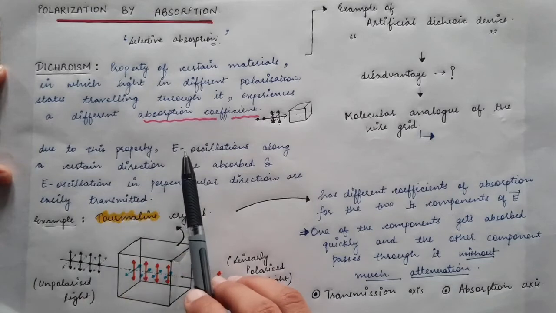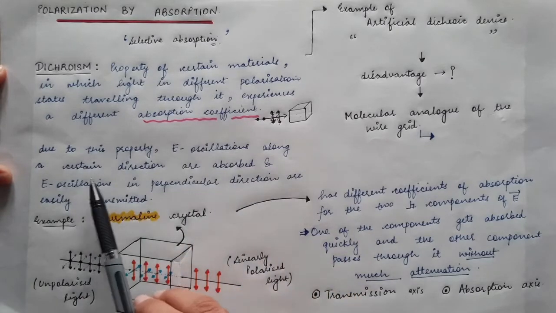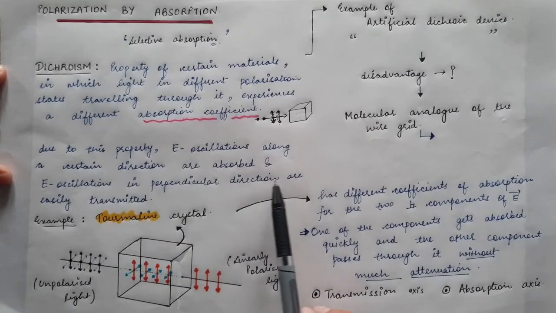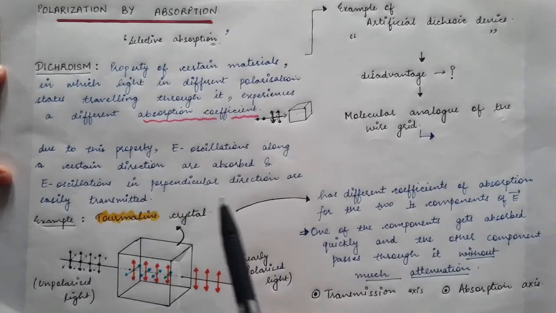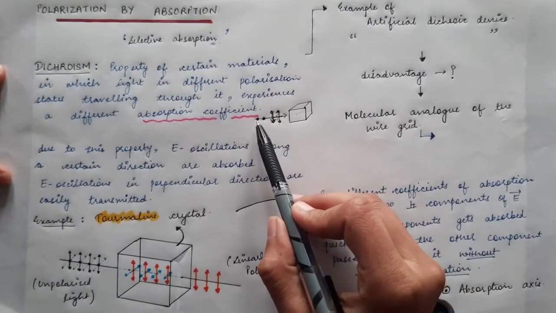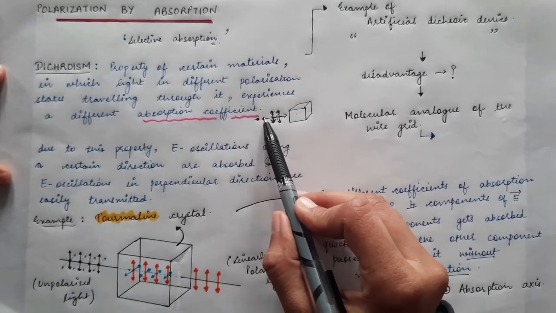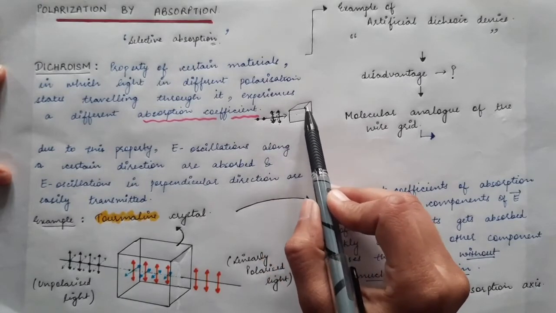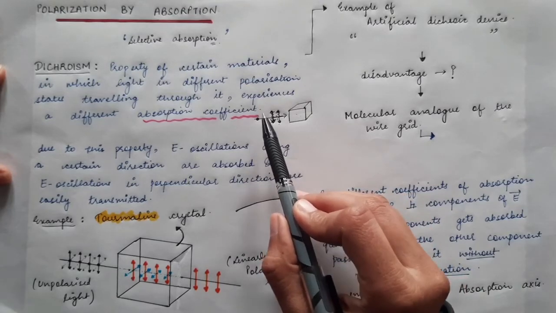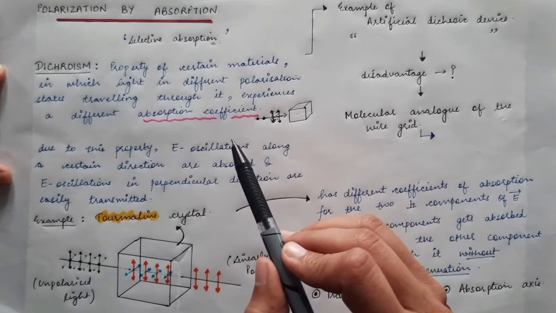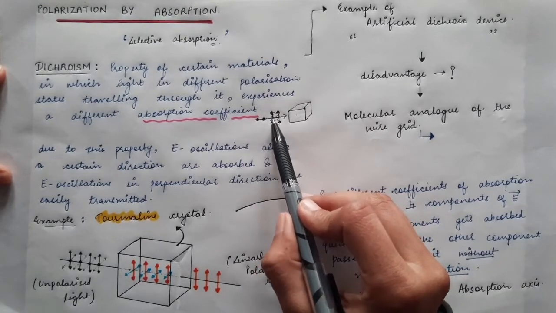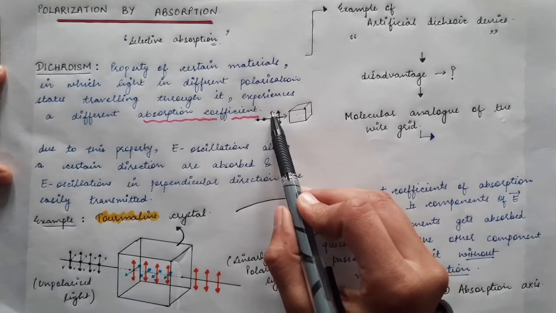Due to this property, electric field oscillations along a certain direction are absorbed, and electric field oscillations in the perpendicular direction are easily transmitted. Let's say this material shows a very high absorption coefficient for the vibrations of the electric field perpendicular to the plane of the paper, but a very low absorption coefficient for the vibrations in the plane of the paper.